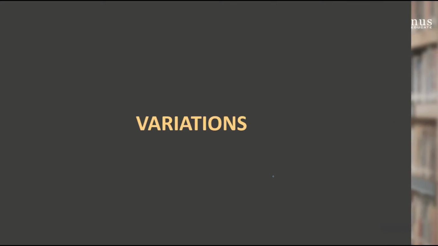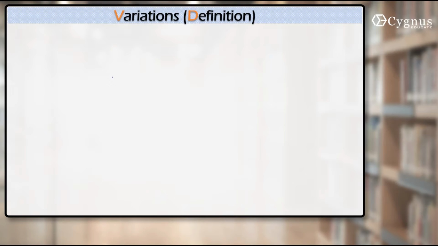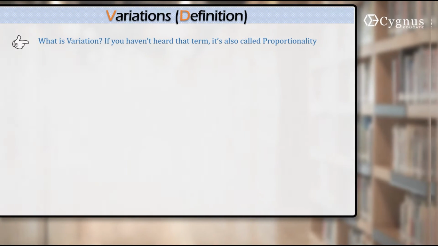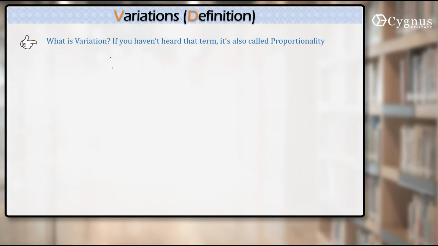What does it mean? Variation. Fine. We also call it proportionality. Now, what does it mean? If I say that with an increase in A, there's an increase in B also, or maybe sometimes with an increase in A, there's a decrease in B also, so I can say that these two variables are related to each other.